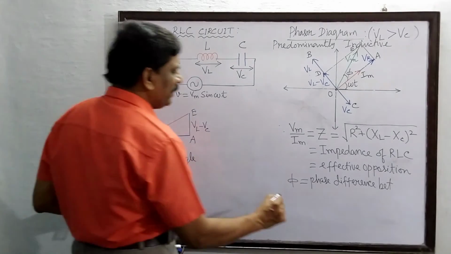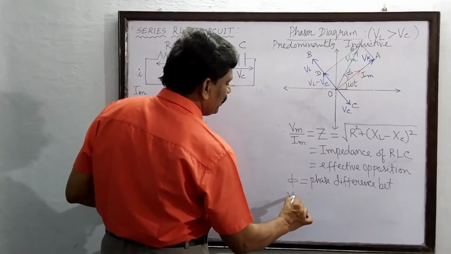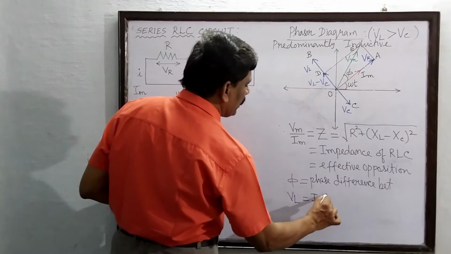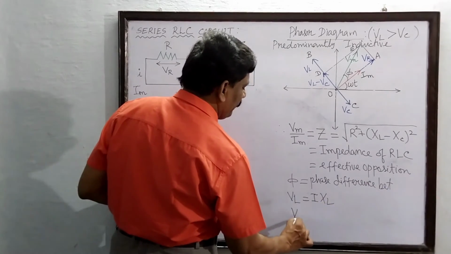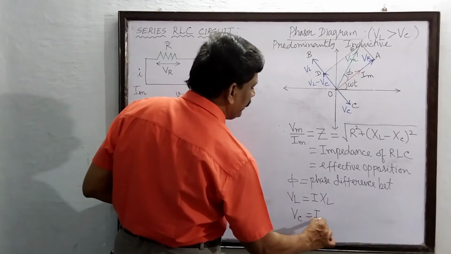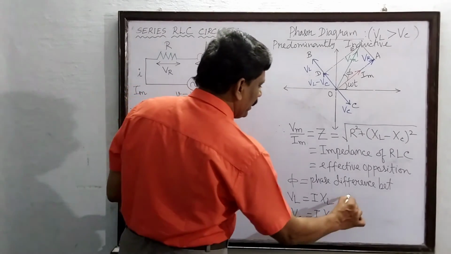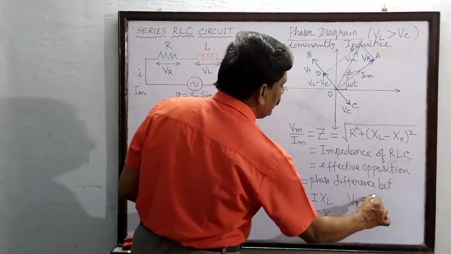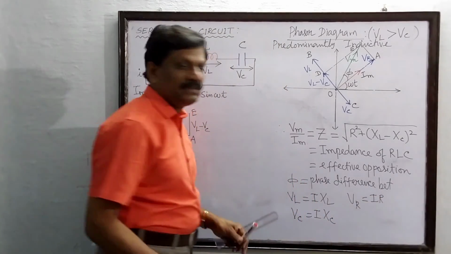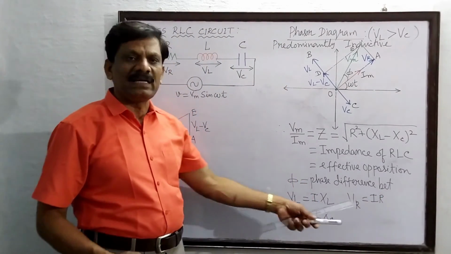Now we have already studied that VL is equal to I into XL, VC is equal to I into XC, and VR is equal to I into resistance R. Understand? So you can see it is the same current only.